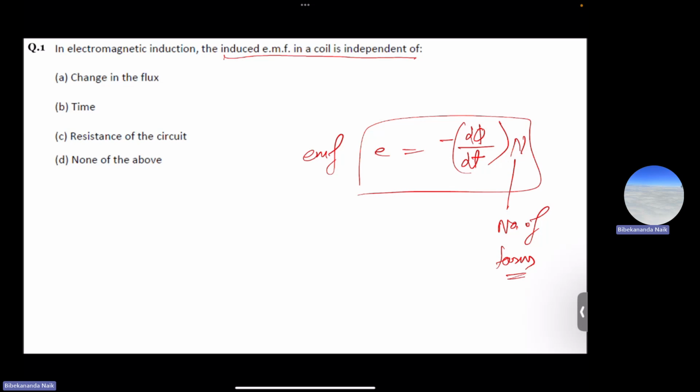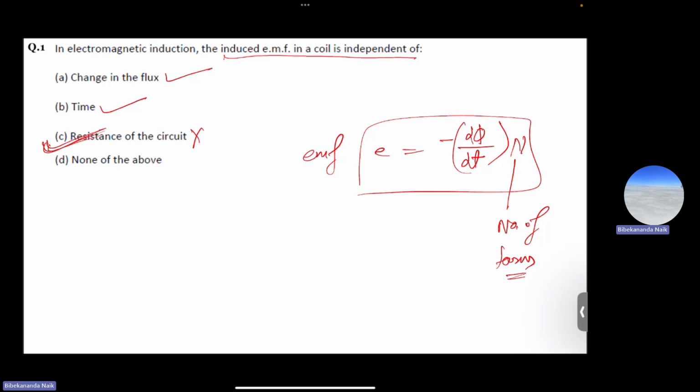So it is dependent on change in flux and it is dependent on time. If you see, it is not dependent on the resistance of the circuit. So the correct option will be option C, that is the resistance of the circuit.